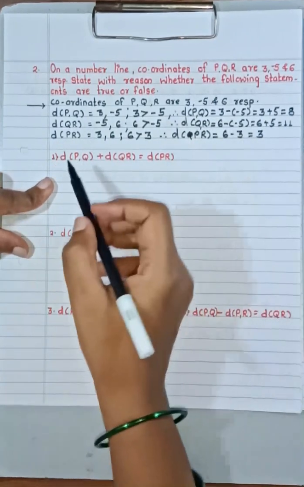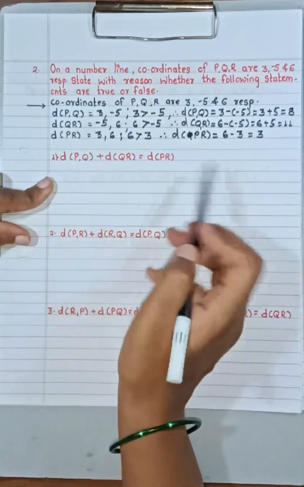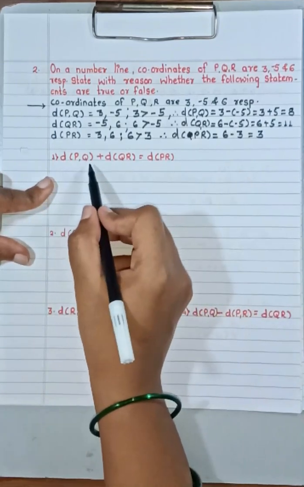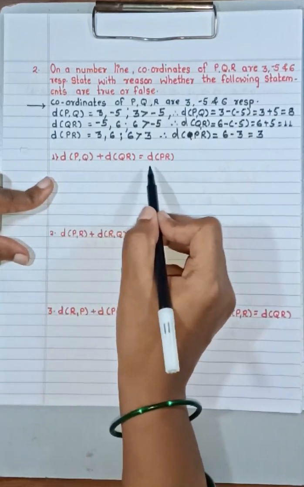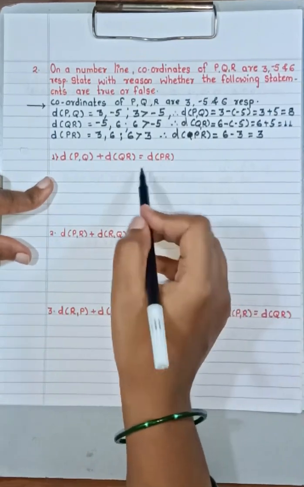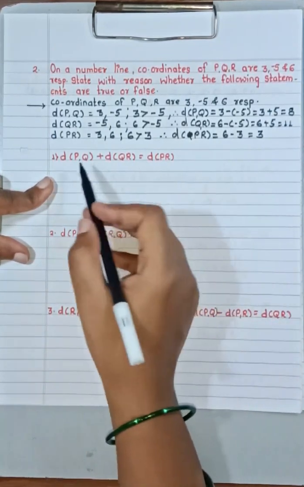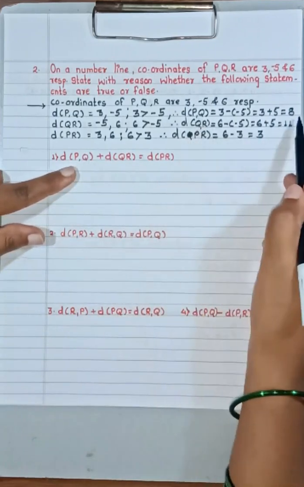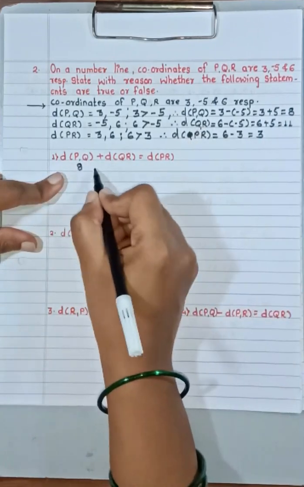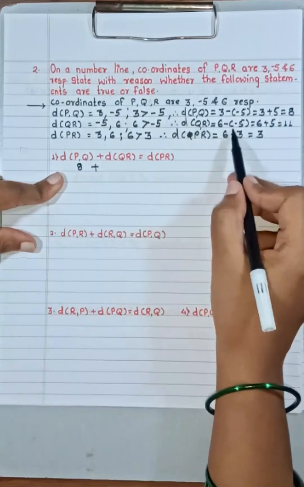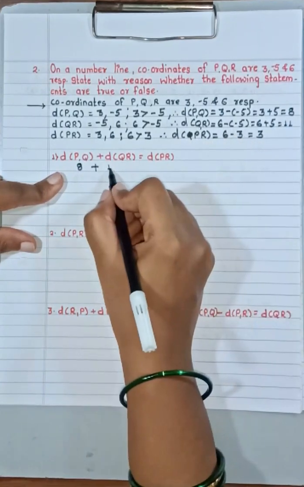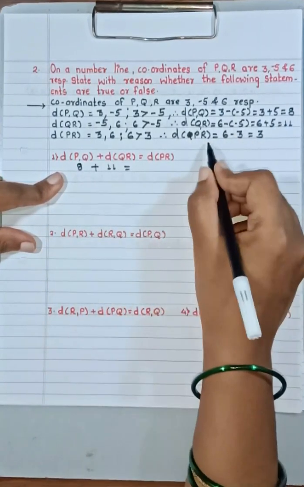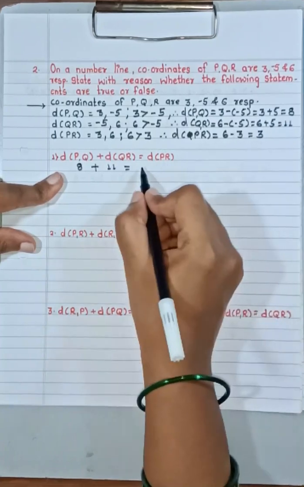Now they have given us some statements. The first is distance PQ plus distance QR is equal to distance PR. You have to tell whether it is true or false. Now here we'll put the values. PQ is 8 plus QR is 11 is equal to PR, which is 3.